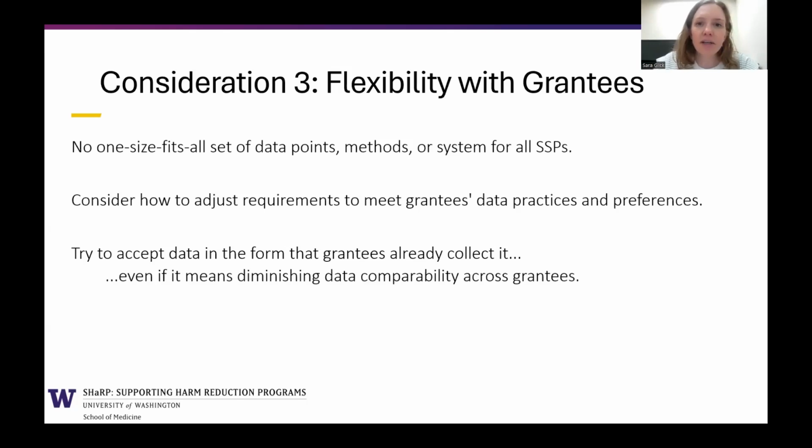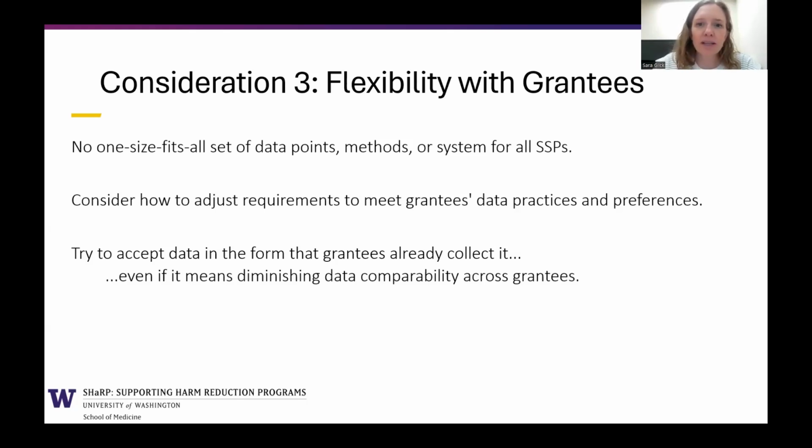The third consideration is related to flexibility. And as we've both noted in this presentation, we know that there is no one size fits all when it comes to really any of this, and it certainly applies to there being no one size fits all for data points, methods, and then systems across SSPs.